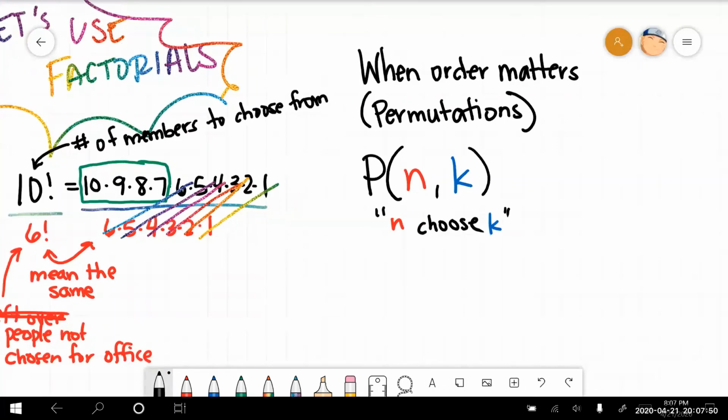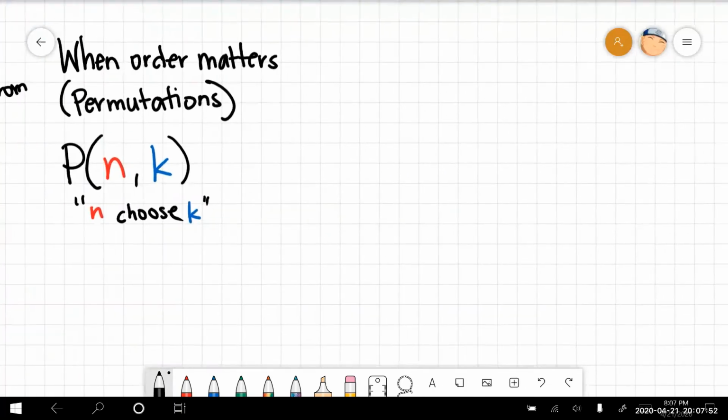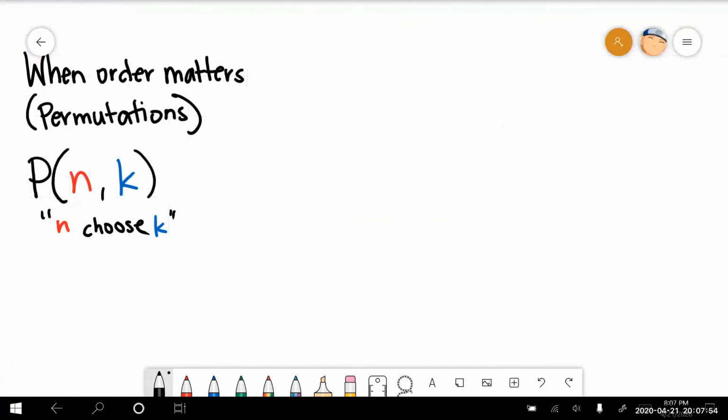When I read that out loud, you know, that type of math notation, I'm saying N choose K. So let me go ahead and scoot this over now that we know where the permutation stuff comes from. So we've got permutation N choose K, where N represents the total group. Okay, in the chess club problem, we were talking about 10 people.